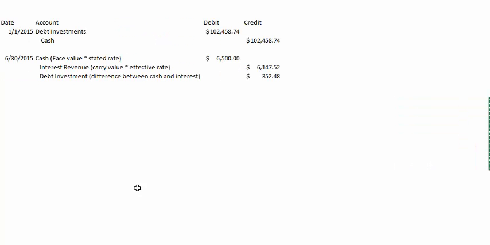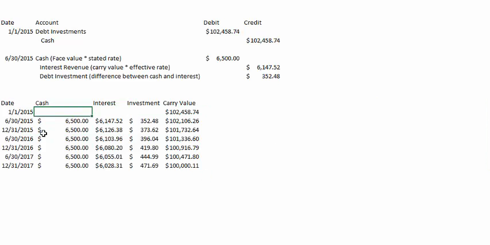Or we also learned about this table, and I've done the table ahead of time for us. You could calculate this table for the entire period that the bond is going to be outstanding, and if you did these formulas correctly like I did, you can see that the investment will be decreased by the $352.48.